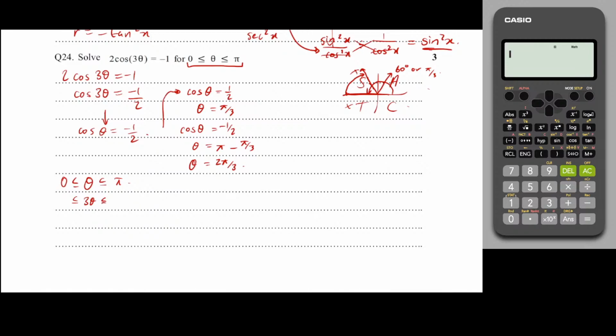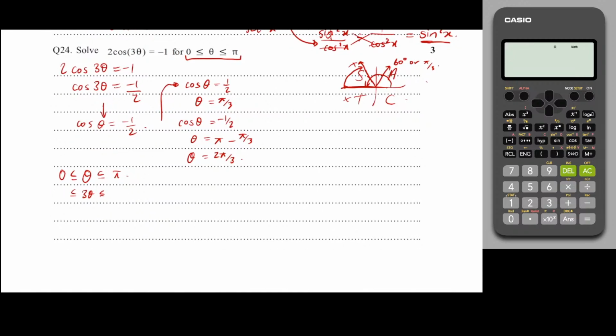So, to get from this theta down to this, whatever this angle is, what do we have to do to this theta to get it down to this one? Well, we've got to multiply it by 3. So we're going to multiply both sides by 3. So 0 times 3 is equal to, well, that's just 0. And pi times 3 is 3 pi. So our actual domain that we're looking at is from 0 to 3 pi. So it's not just from 0 to pi, but 0 to 3 pi.